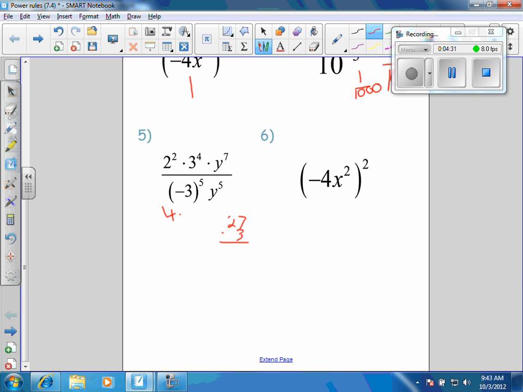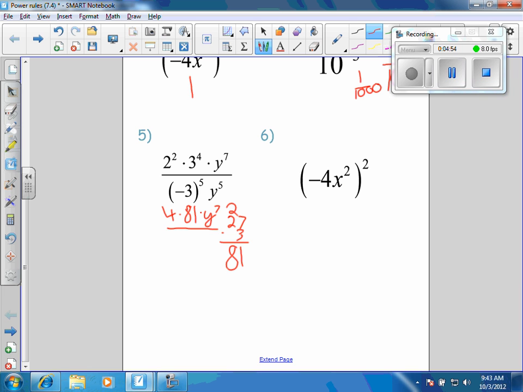I got right. Is this the first time you've written on it? Yeah, it's a little weird. 4 times 81. Yeah, 4 times 81, times y to the 7, because I don't know what y equals. Right.